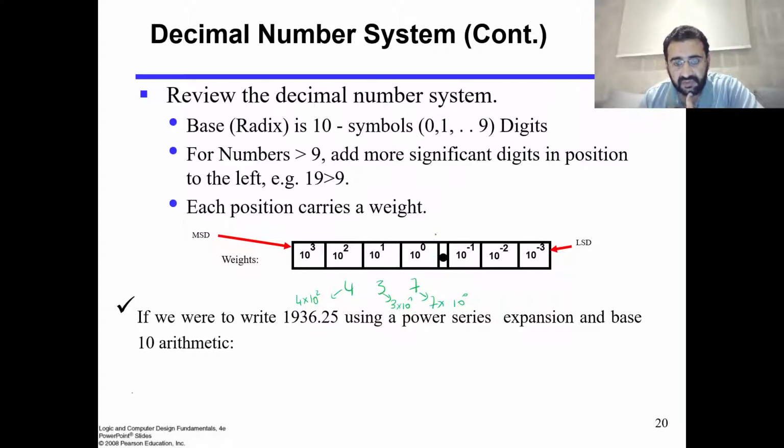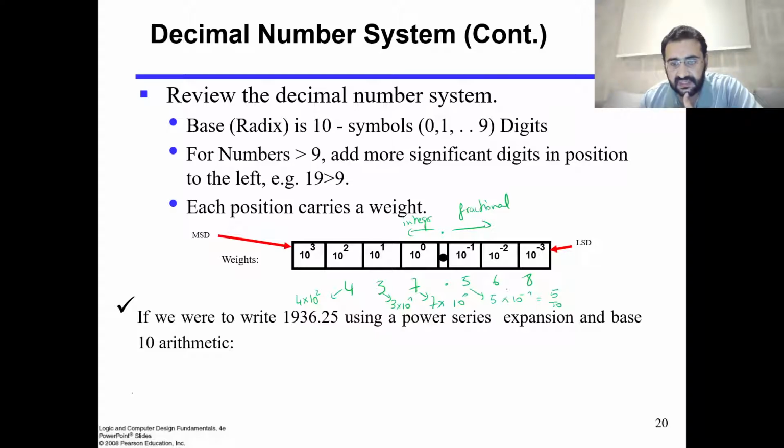This is the integer part, and this is the fractional part. Of course, we have the dot here that separates the two parts. Any number at the right of the dot, for example 5, 6, 8: the real value of this 5 is 5 multiplied by 10 to the power of minus 1, which is 5 divided by 10.